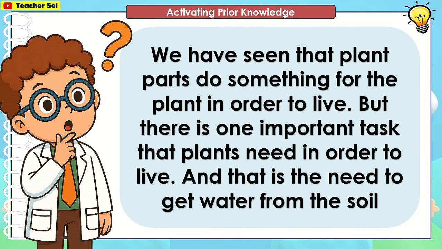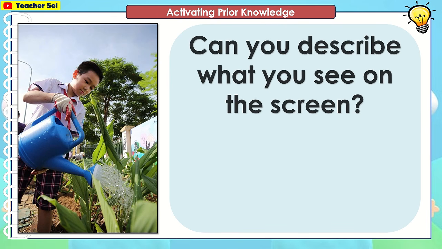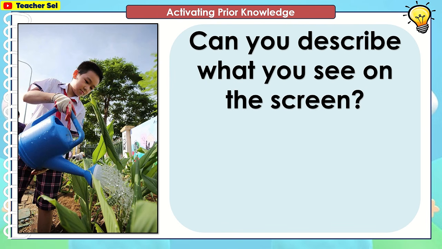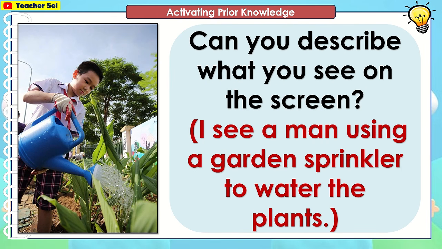We have seen that plant parts do something for the plant in order to live, but there is one important task that plants need in order to live, and that is the need to get water from the soil. Can you describe what you see on the screen? I see a man using a garden sprinkler to water the plants.